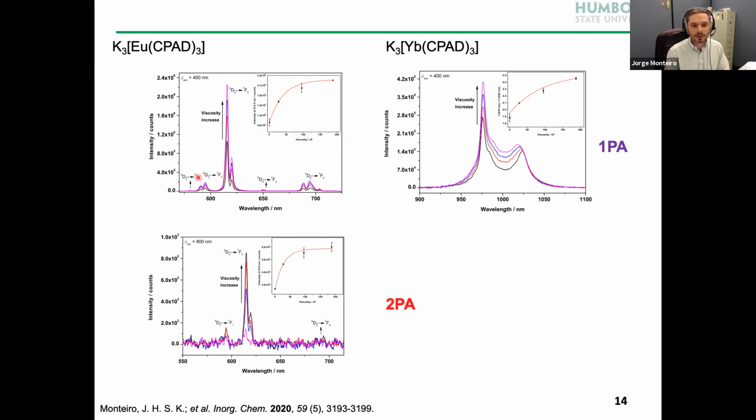So that response we can get in the red with the europium complex, as well as in the NIR with the ytterbium complex. Okay, so this is within the biological window. And we can also probe the viscosity using that two-photon absorption. Okay, so now my excitation falls at 800 nanometers, and I still have the viscosity response here.